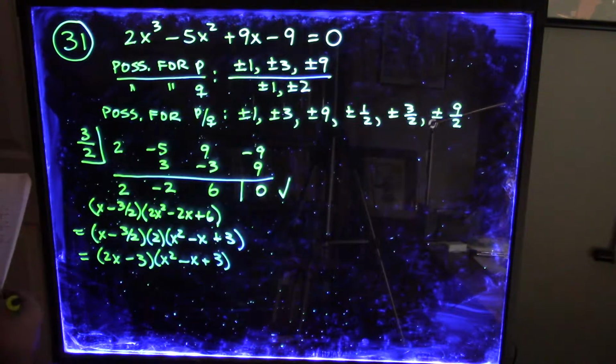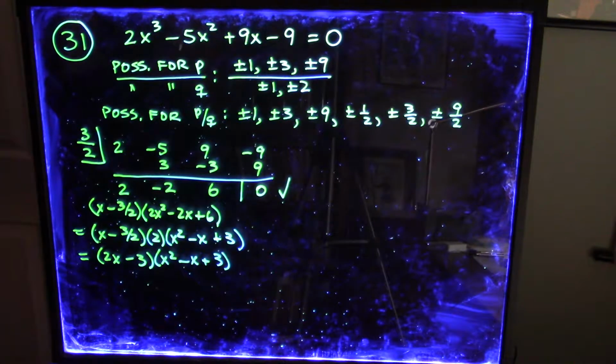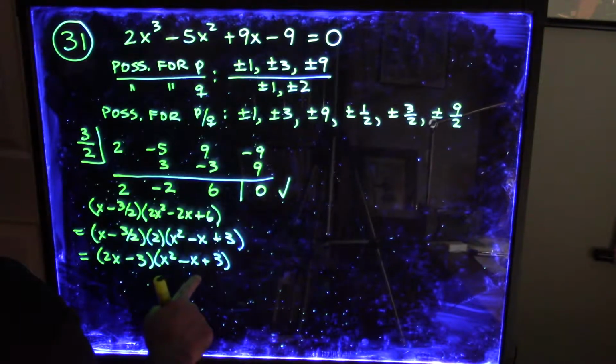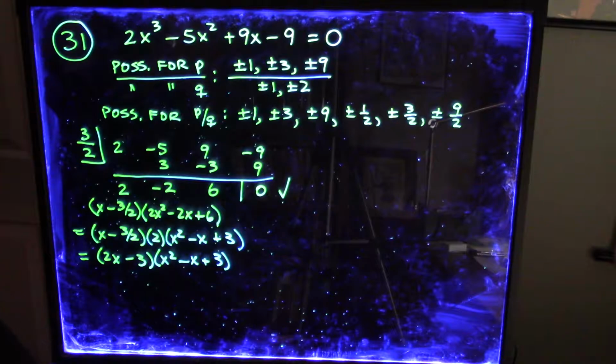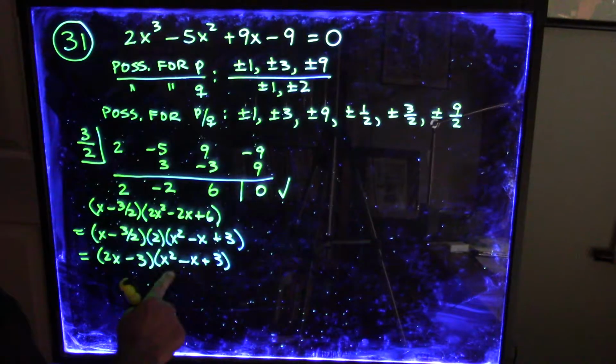Alright. Now, this one we can't factor over the integers. Alright, so you could use a quadratic formula or complete the square, set that equal to 0 and solve for x. But let's simplify it a little bit. Let's use the discriminant for this.